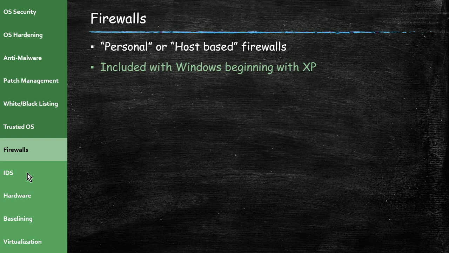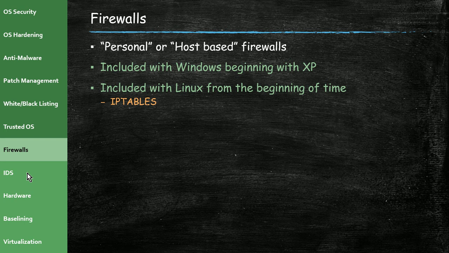Starting with Windows XP, Windows included a firewall, as I think they thought it was a good idea after 30 years of Linux including a firewall. 30 years is a little bit of an exaggeration, but the beginning of time basically. But Linux has been using a package called iptables, which is a core component of the kernel. And there's a newer one now than iptables, which I can't recall the name of exactly, but it works very similarly.